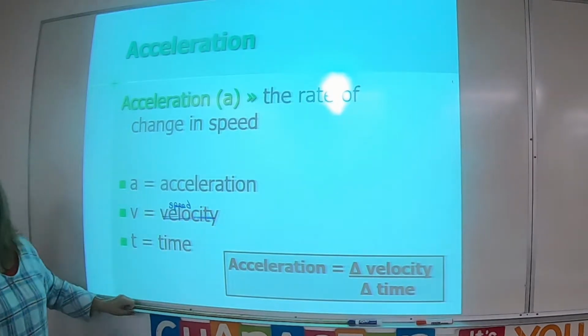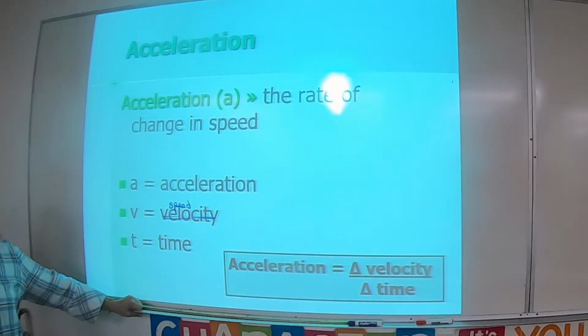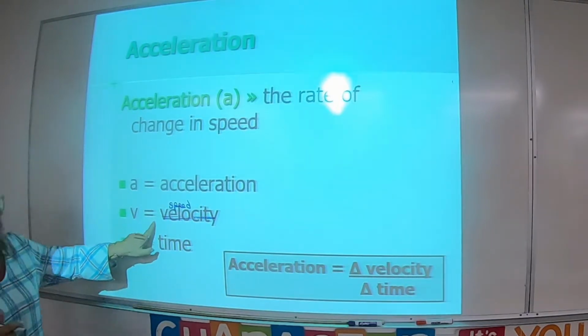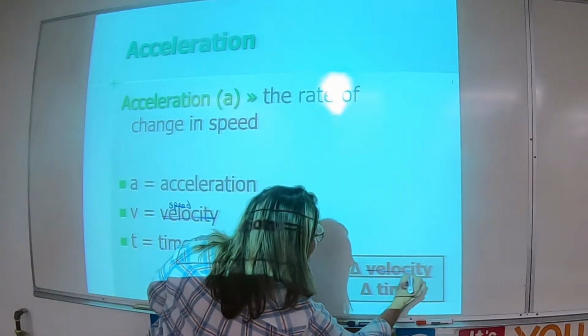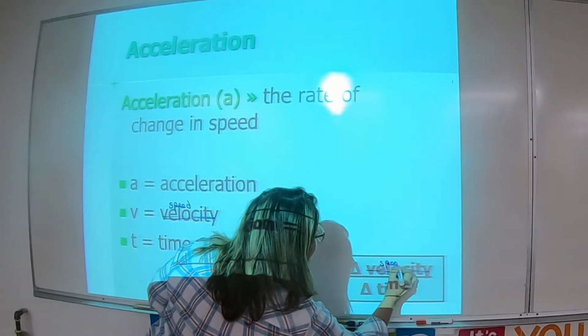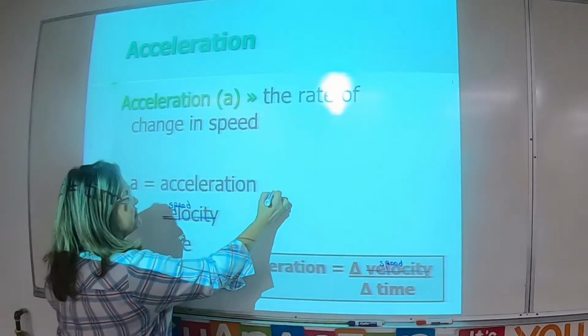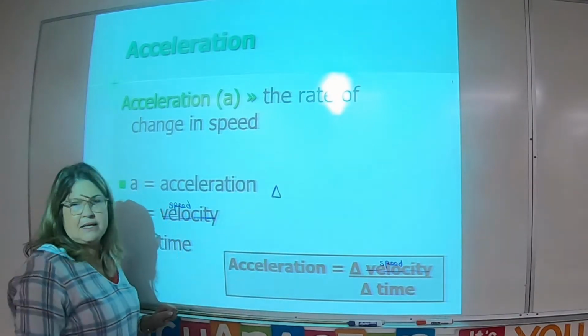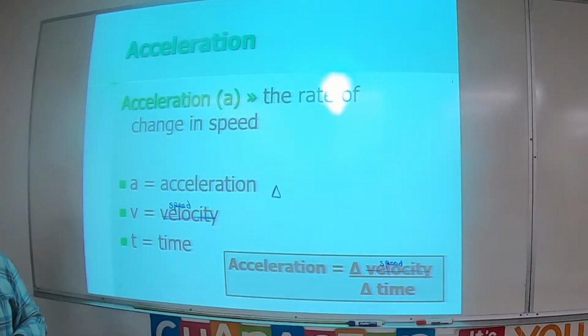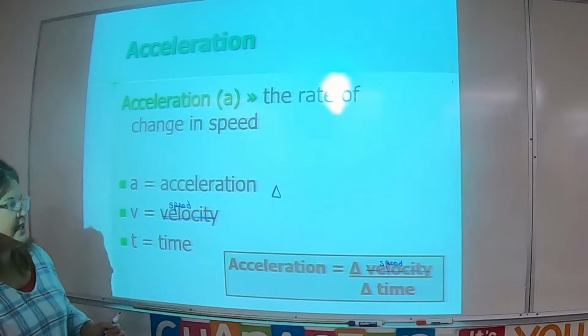The only way that we can say velocity and speed are equal is if we're going in a straight line segment. So once we learn the difference between velocity and speed, then we'll do some more problems with velocity. So acceleration is speed over time. Remember that little triangle means change in: the change in speed over the change in time.